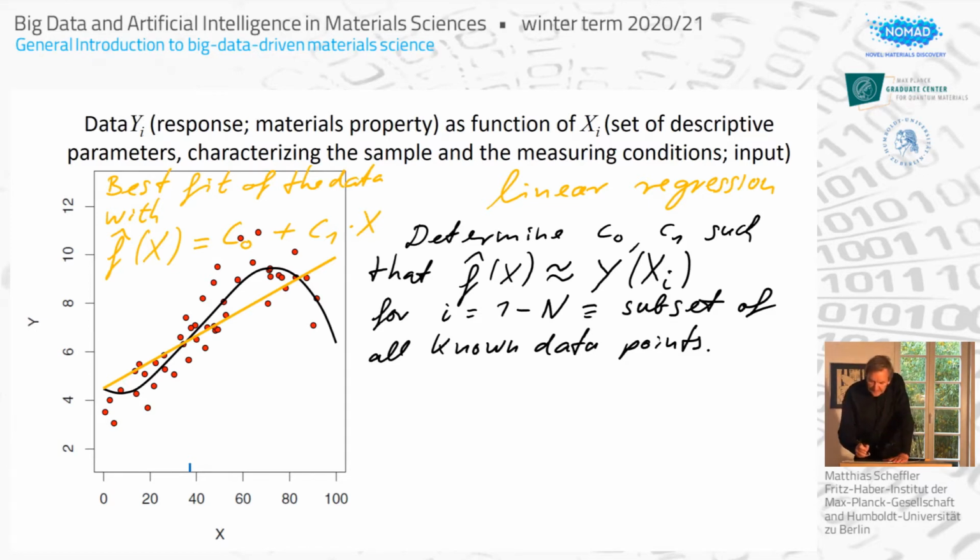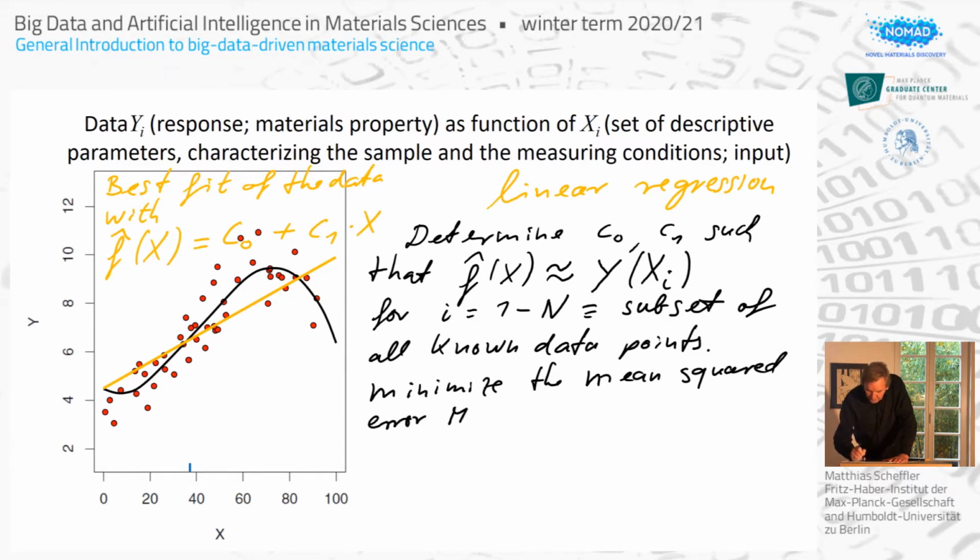And then, having this request, more specifically, what we are doing, we minimize the mean squared error, which we abbreviate by MSE, and which is given by 1 over the number of data points and the sum from i equal 1 to n, and then the difference between the true value, the measured value y, minus the predicted value f hat of xi, and squared.